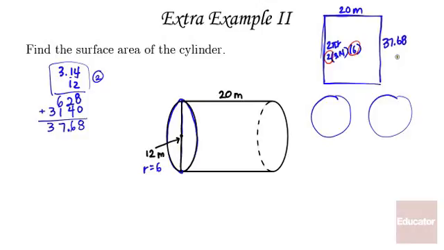Okay, and so then to find the area of this, just multiply this number times that number, right? So it's 20 times 37.68. So 37.68 times 20. Now, if you want, you can drop the 0 and just multiply this number by the 2.